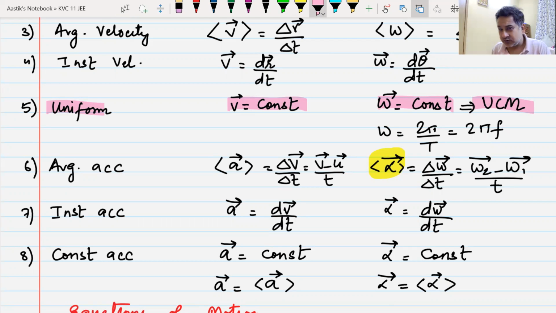Even my 7-year-old kid can write from a whiteboard. There is no difference between you and him. If I had told him 3 times that alpha is 0, that means omega is constant, and that means UCM, he will tell me after 1 year also, Papa, this is UCM. You are worse than him. And he is only in 2nd standard. Yesterday also I told you about uniform circular motion.